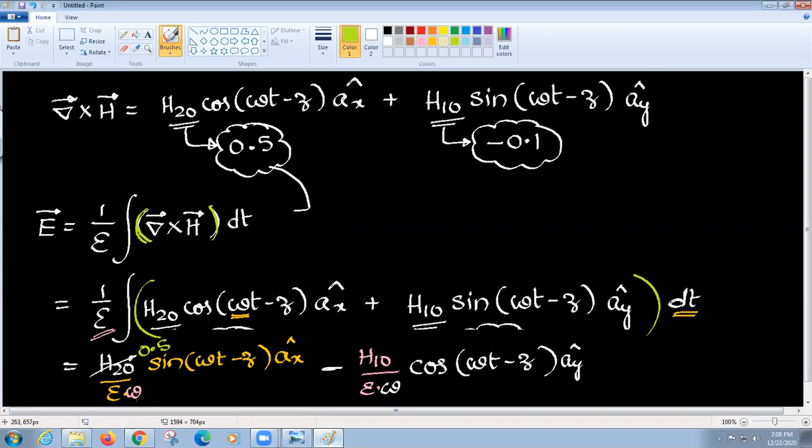And omega we simply obtained as 1.5 × 10^8 radian per second. Just plug in those values, 0.5 multiplied with this. Similarly, H10 is negative 0.1, just plug it in here, again the same multiplication, cos(ωt − z). So this is what your E is. Just compare this E with the E from method one. You will get exactly the same answer.